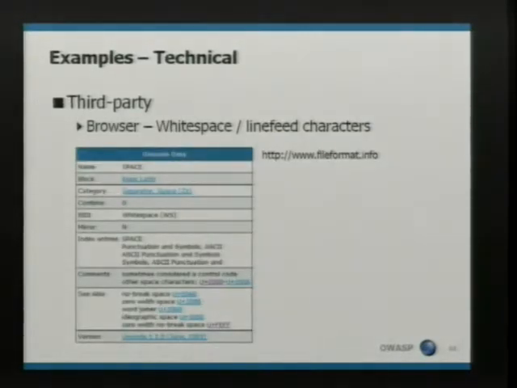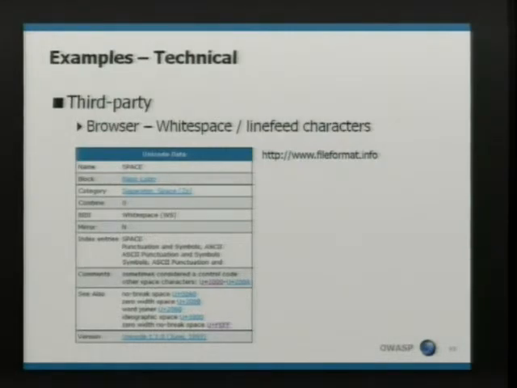What you can do is go to fileformat.info and put in a character, and this very cool website gives you other valid characters that are listed and categorized by the Unicode Consortium.